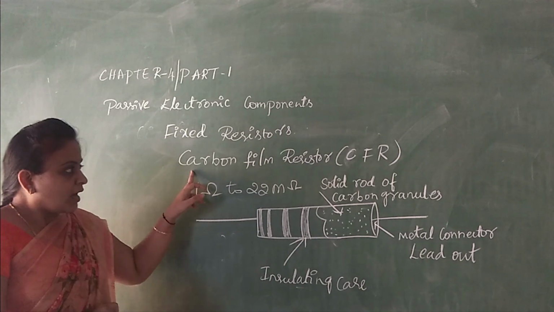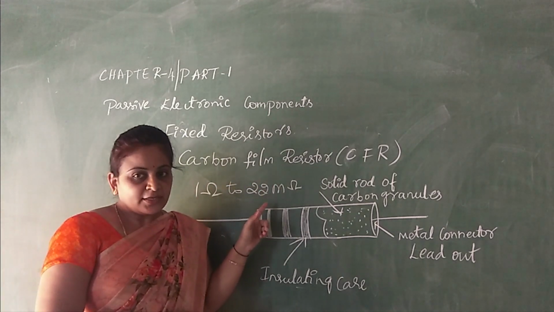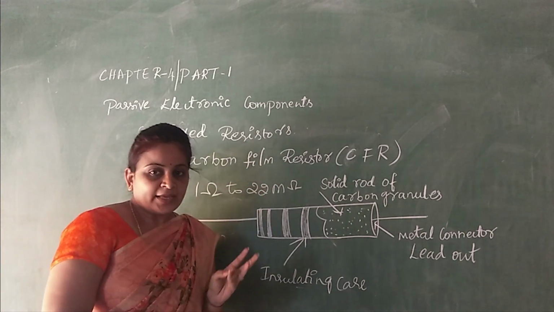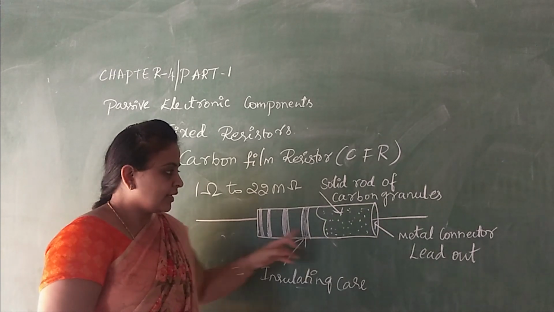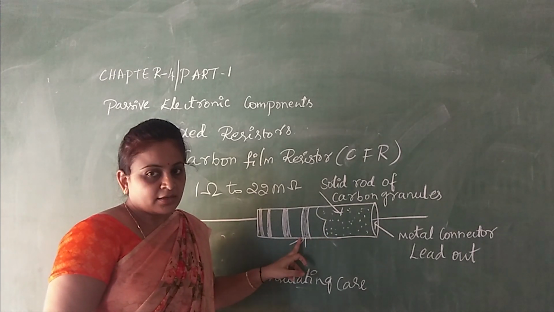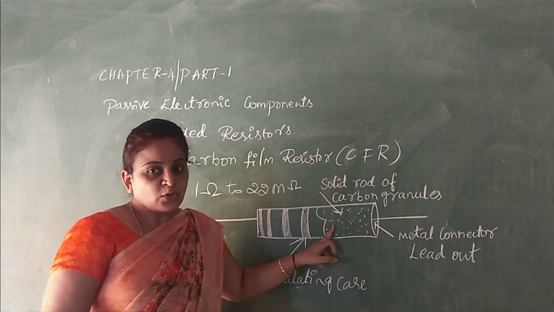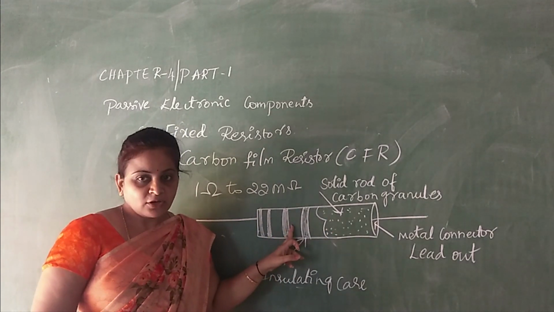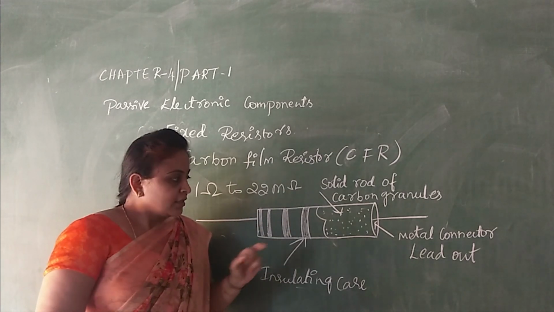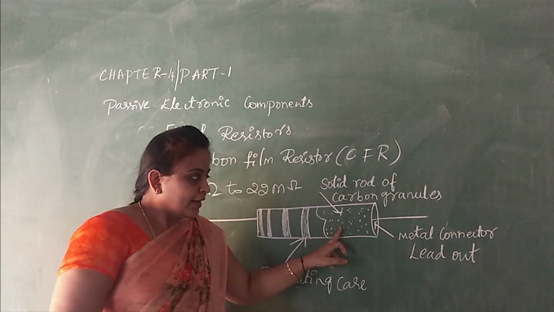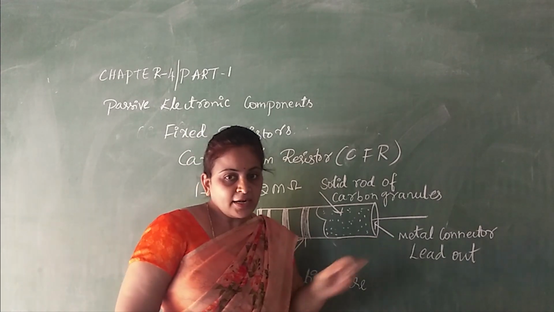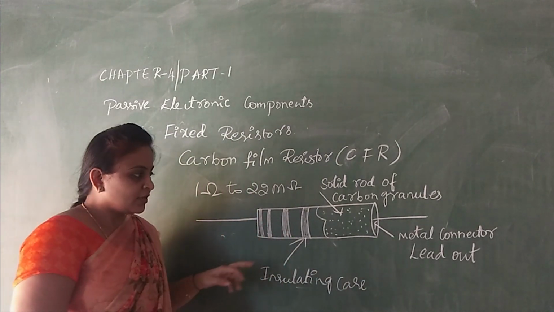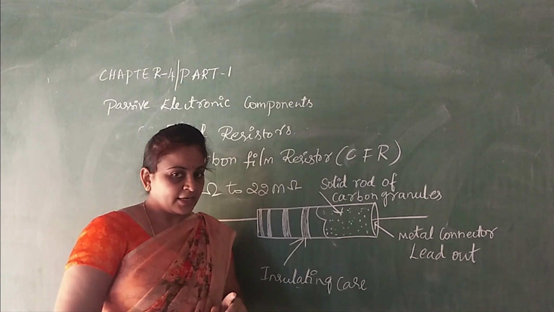So carbon film resistor is made by depositing fine carbon granules on a cylindrical ceramic rod. This proportion of carbon will give the exact value of the resistance. Next, it is connected with metal caps and tinned copper wires for the external connections.